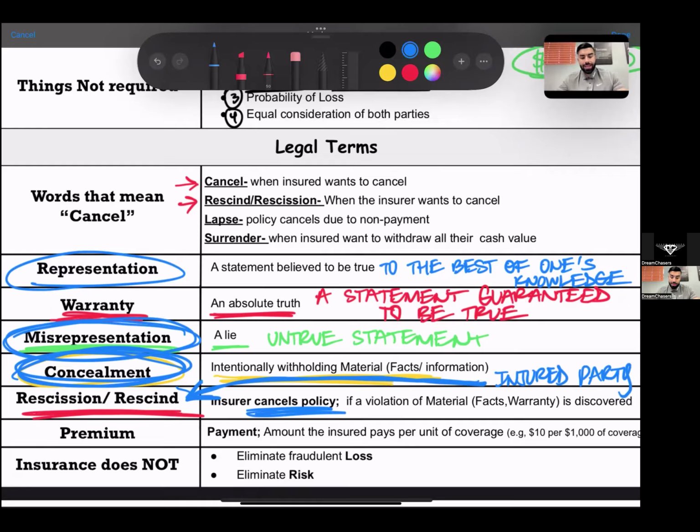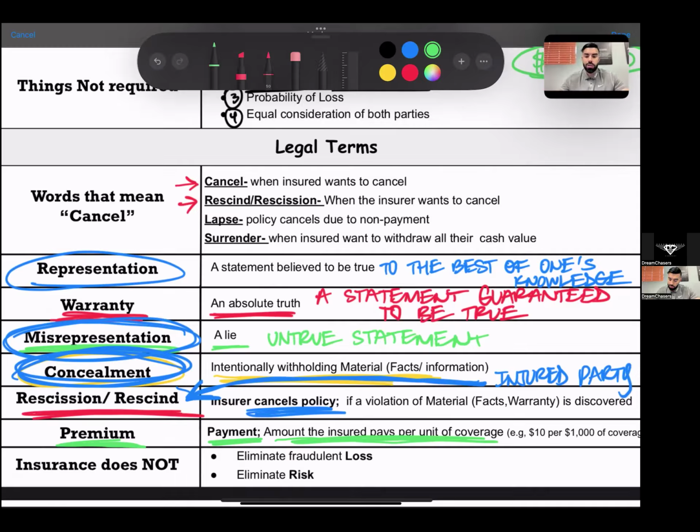Next is premium. We've gone through this word a couple times already, but premium is just another word for payment. In insurance, we don't say your monthly payment, it's your monthly premium. That premium is the amount the insured is going to pay per unit of coverage.